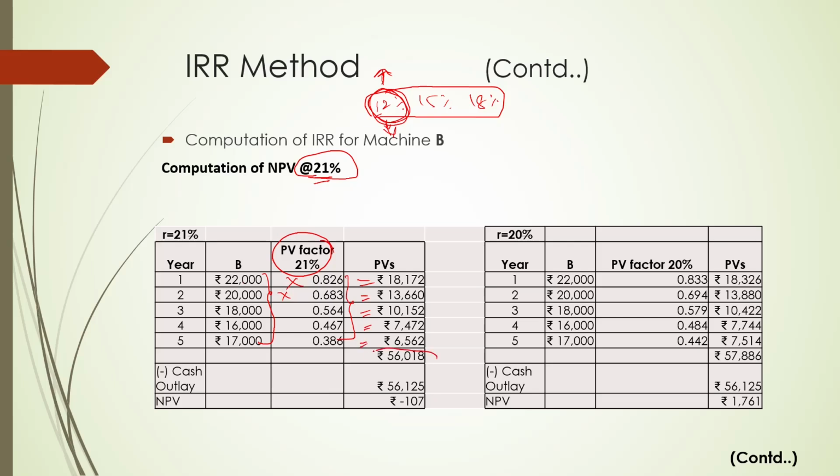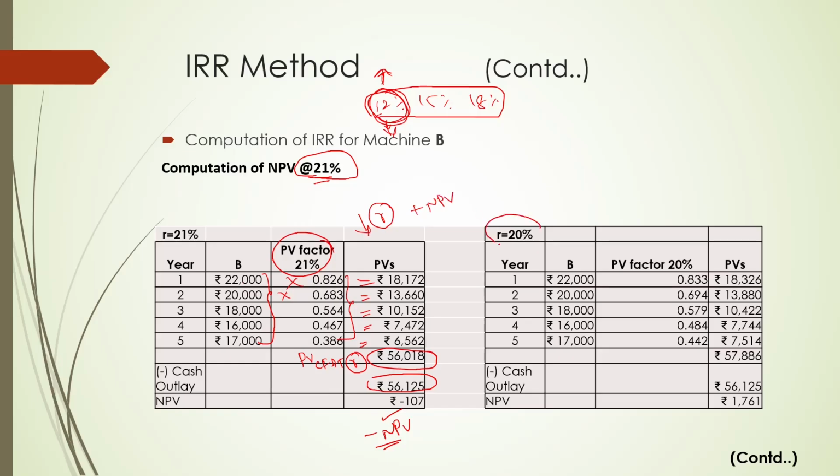So this is your total PV of CFAT at the rate. We don't know whether it is a higher rate or lower rate, right? So you subtract your initial investment, then you got a negative NPV. Because you got a negative NPV, we need to reduce the discount rate so that you may get a positive one.